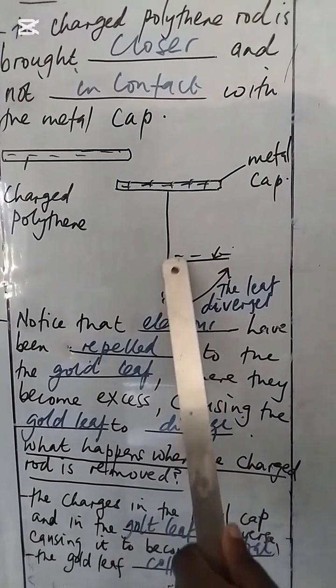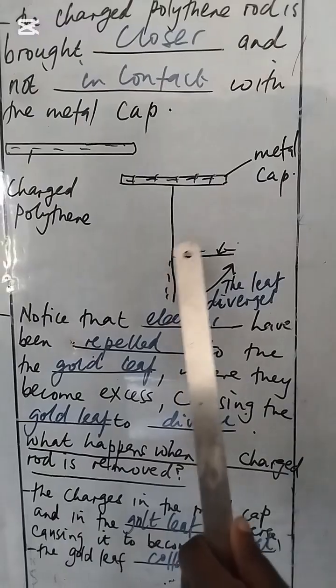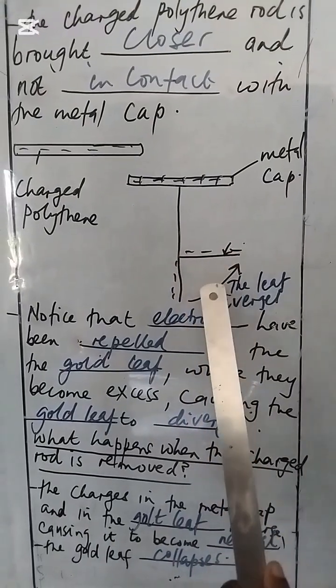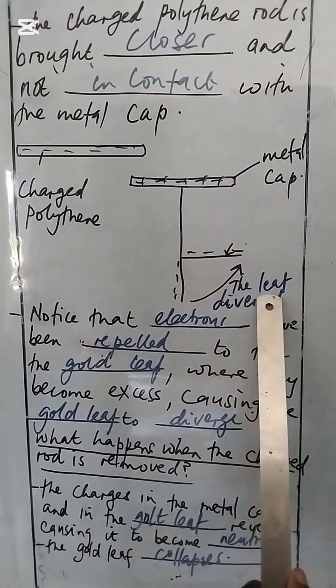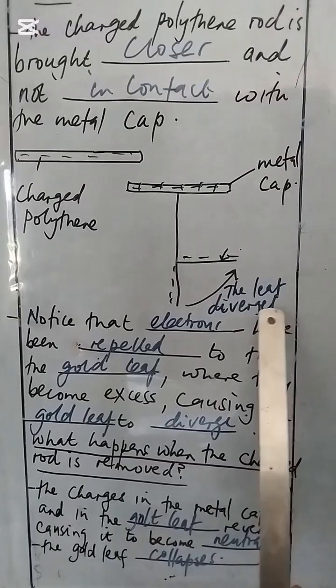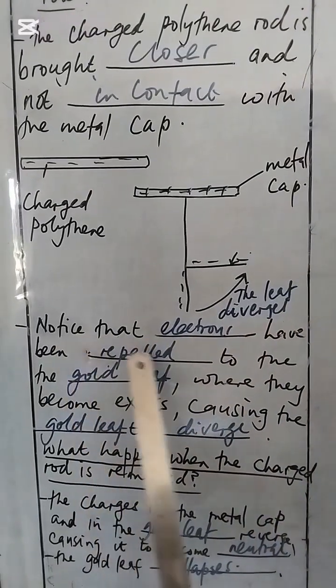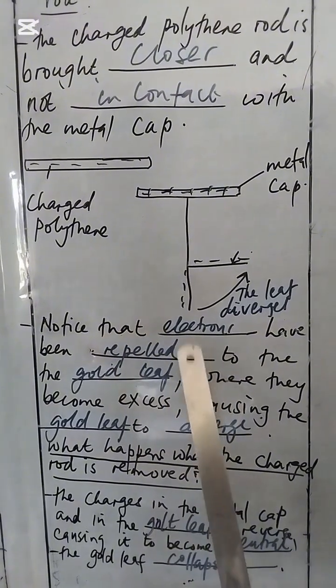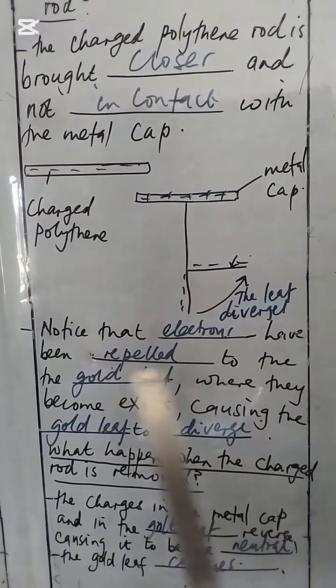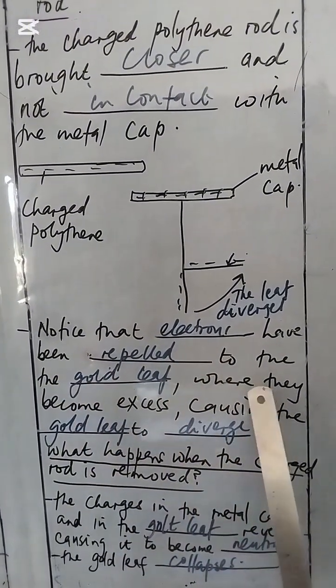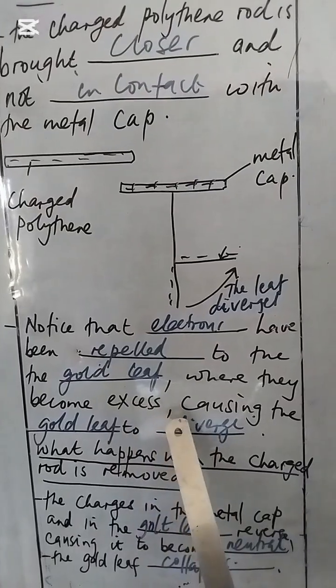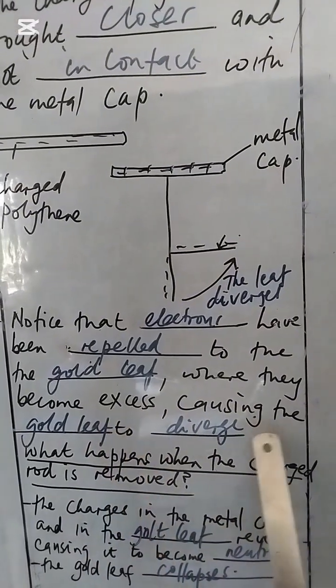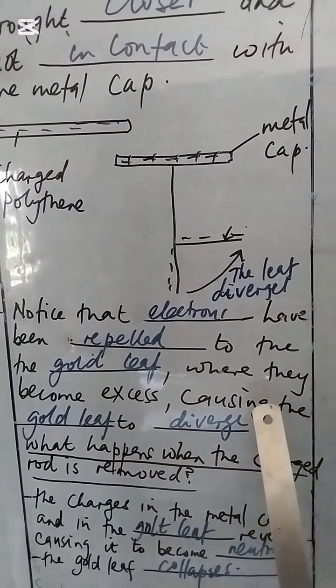And these electrons or negative charges will repel each other, causing the leaf to diverge. Notice that electrons have been repelled to the gold leaf, where they become excess, causing the gold leaf to diverge through repulsion.